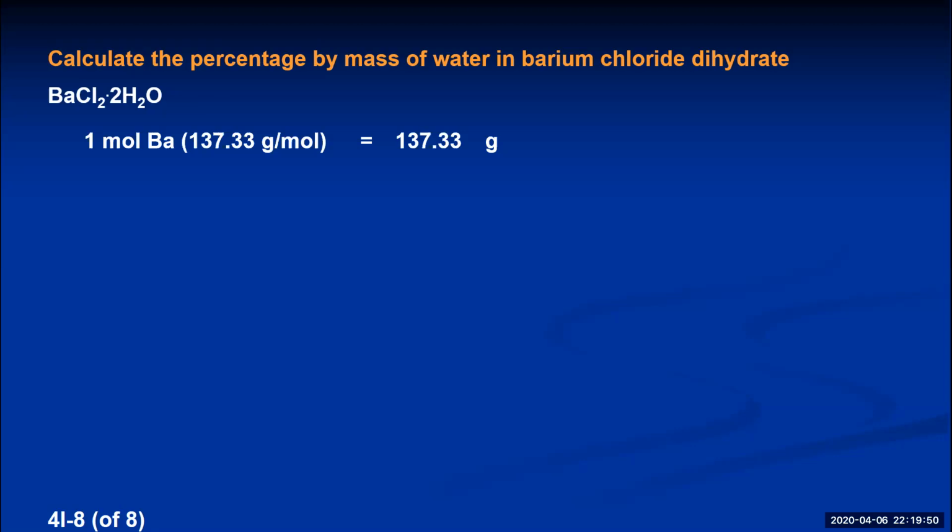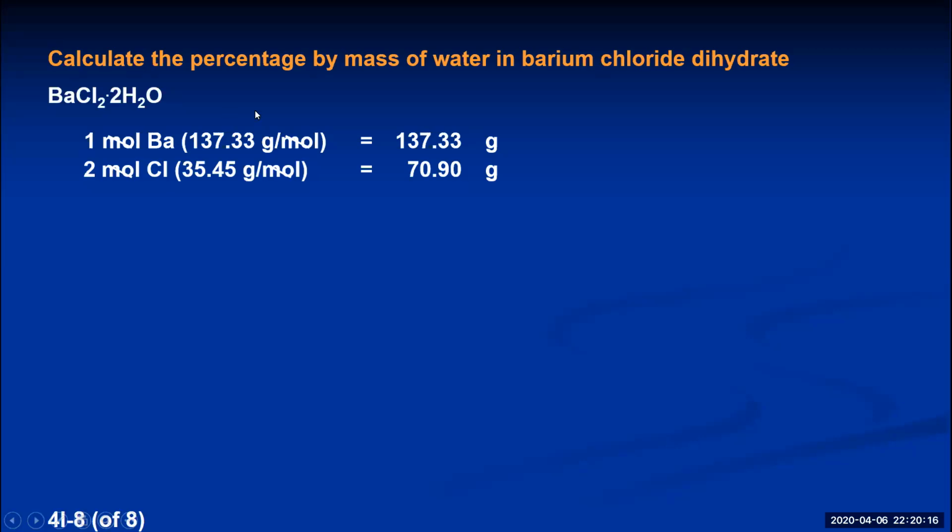So that's 1 mole multiplied by 137.33 grams per mole. It contains 2 moles of chlorine. So that would be 2 multiplied by 35.45 grams per mole. That gives 70.90. And then because that coefficient 2 there is in front of the H2O, if you went 2 times 2, there would be 4 moles of hydrogen, and 2 times 1 would be 2 moles of oxygen.